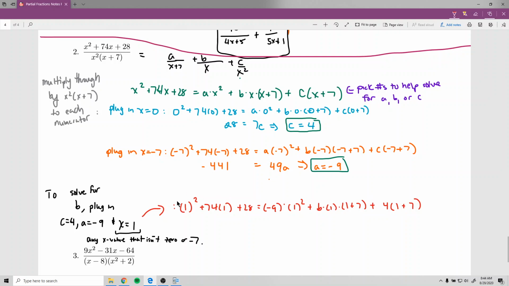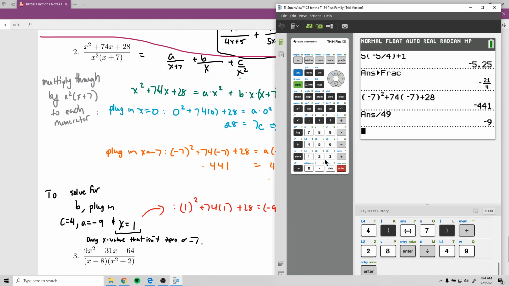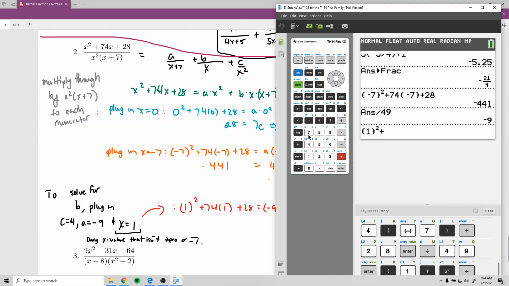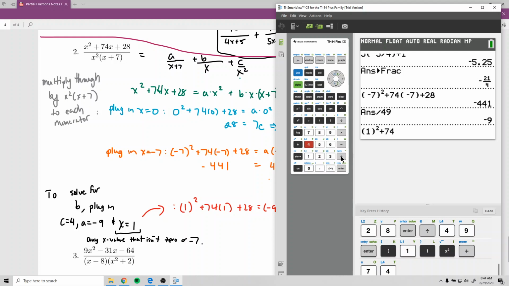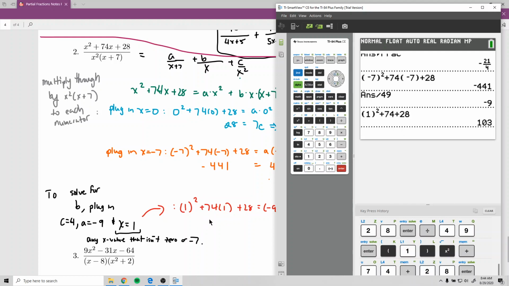That is why we plug in the A and the C. It wasn't necessary to plug in C to figure out A, because there was still a number that made it go away. But now there are no more numbers to make things disappear. All right, so the left side here, we got 1 squared plus 74 times 1, which is 74, plus 28 is 103.